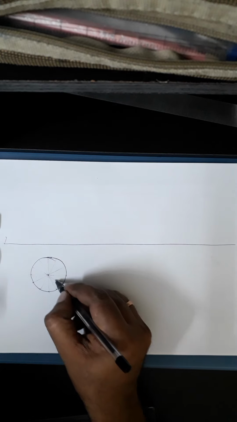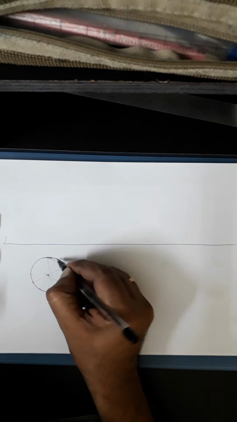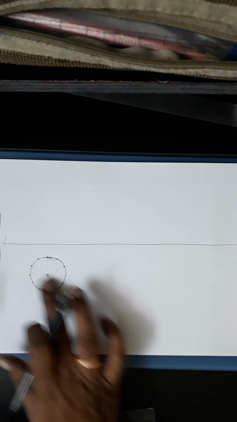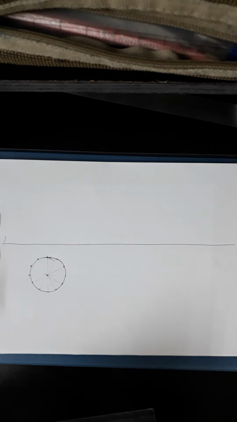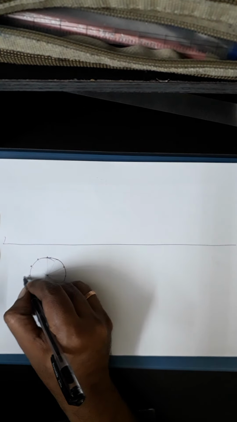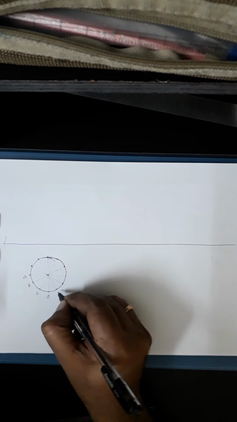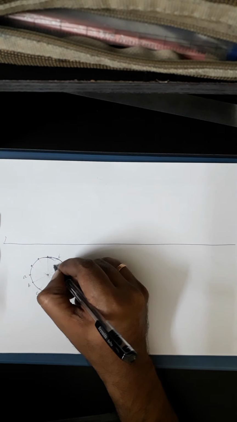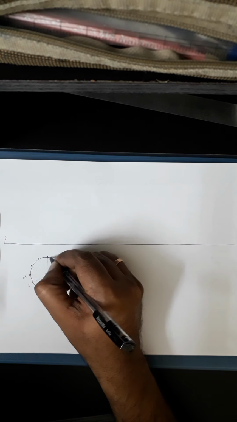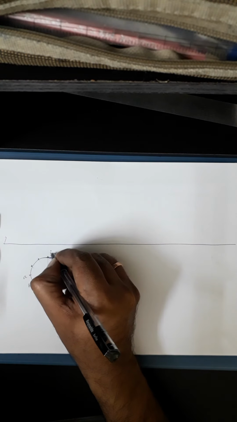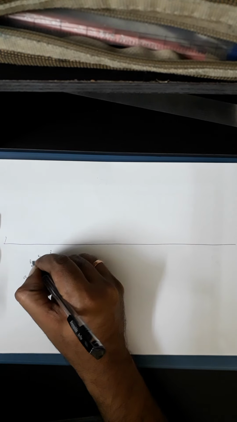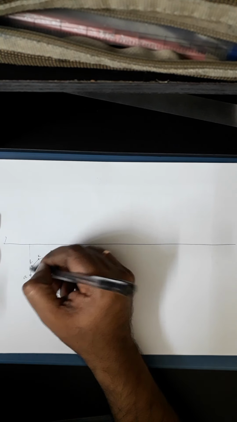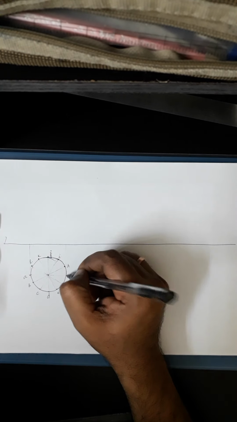Our main intention is to get equidistant points on the circumference. For this you need not draw these lines very dark; whatever you draw using an HB pencil, let it be very thin. Let's label these A, B, C, D, E, F, G, H, I, J, K, L. Then the front view: just project here.